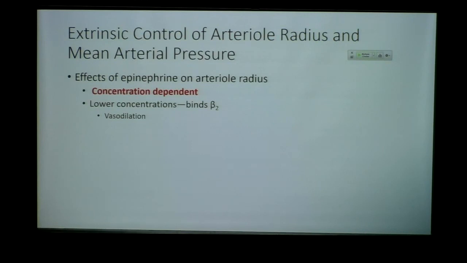So that's going to tie back to that fight or flight example we used earlier. Okay, so it's going to maximize the flow to those specific organ systems, the heart and the skeletal muscles, but we still need to decrease flow everywhere else. So as we vasodilate arterioles that are going to heart and to muscle, we vasoconstrict arterioles that are going everywhere else. Okay.